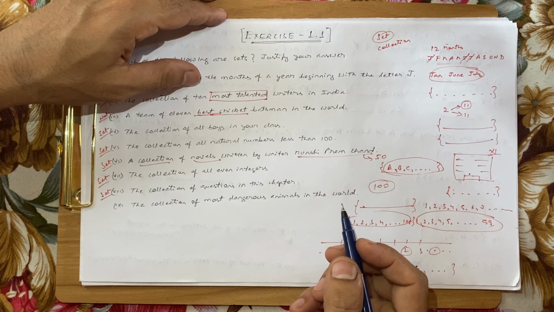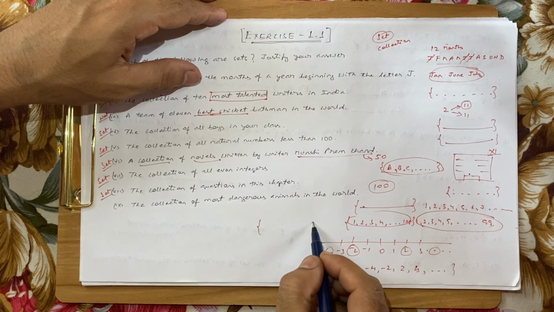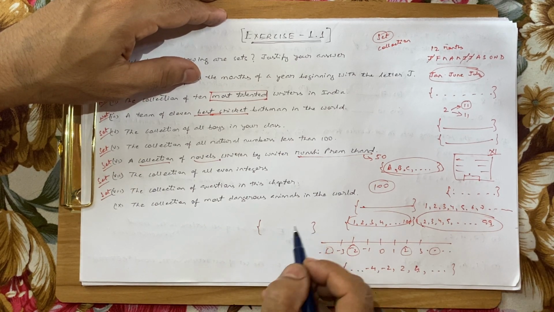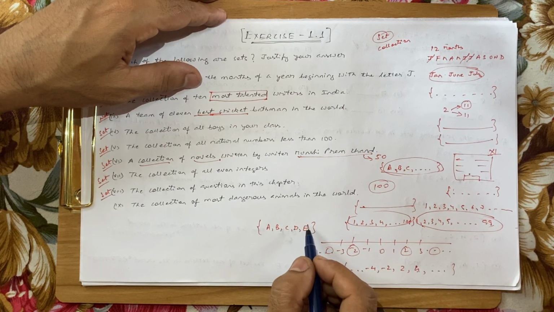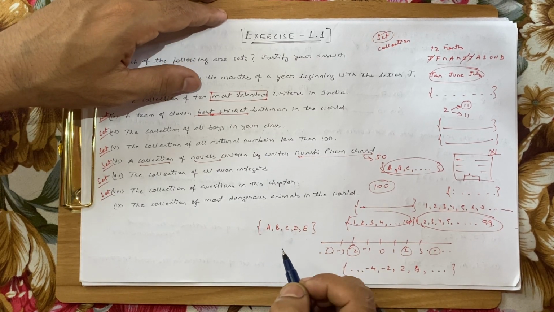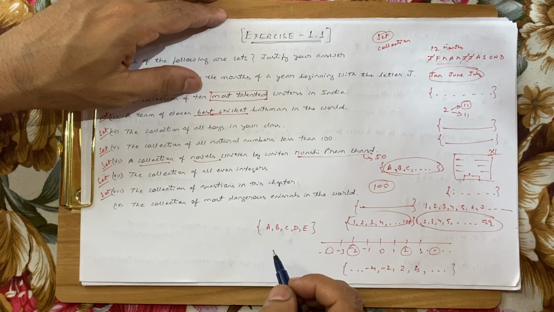If you try to form a collection of the 5 most dangerous animals, let's say A, B, C, D and E, that is most dangerous according to you, but it may not be dangerous according to me.